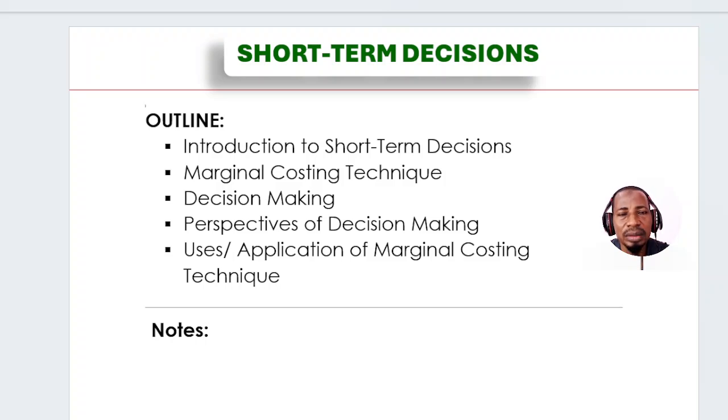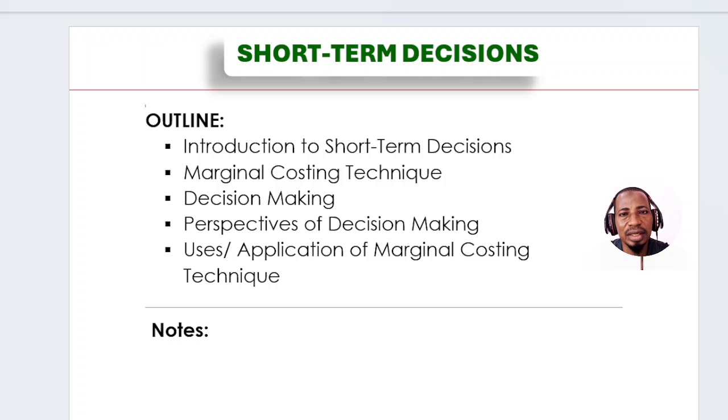We will talk about marginal costing concepts briefly. Then I will tell you the meaning of decision making, the perspectives of decision making, and finally, I will demonstrate the areas of application of marginal costing technique.